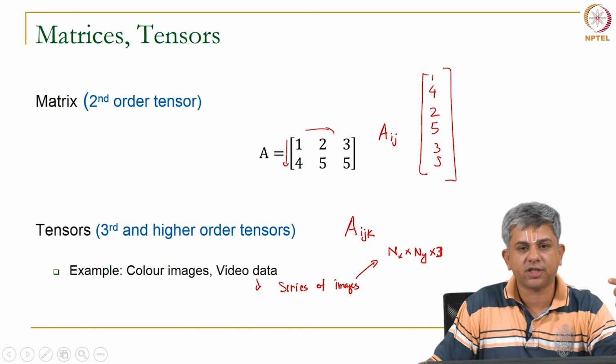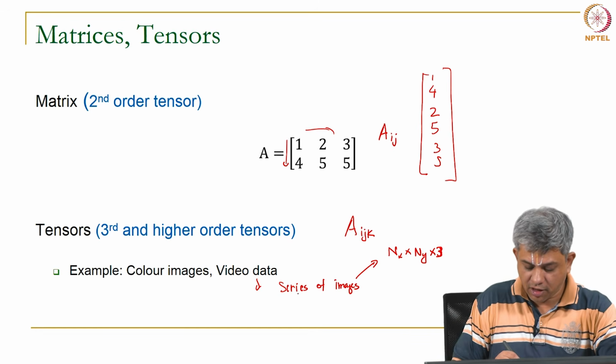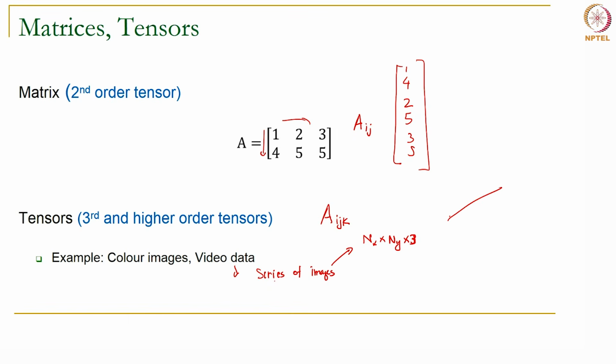So, each image is a 3 dimensional tensor, and you can now think of the video as a series of images, each of these is a frame. Okay. So, this now becomes a 4th order tensor. Okay. So, color videos, for example, naturally fall into 4th order tensors, okay.